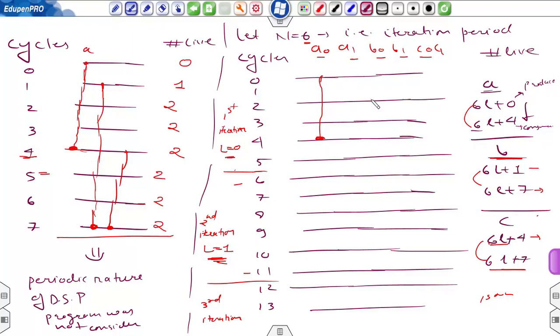And for A1, L is 1, so 6 into 1 plus 0, that is 6. So during second iteration it is produced in 6th cycle, and it is consumed at 6 into 1 plus 4, that is 10th cycle. So this is 10.